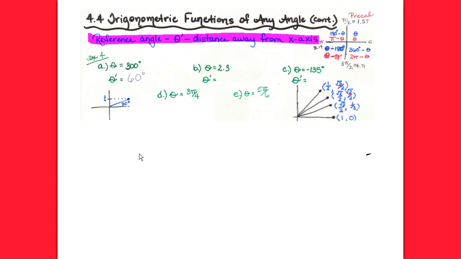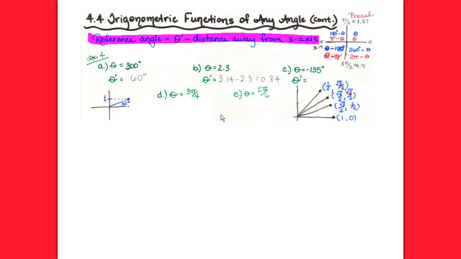So if I've got 2.3 radians, that's where I might want to use these numbers, 0, 1.57, 3.14. 2.3 would have to be right here in the second quadrant. So in the second quadrant, it says take pi and subtract your angle. So I'm going to take pi, 3.14, and I'm going to subtract my angle, 2.3, and that gives me my reference angle of 0.84.